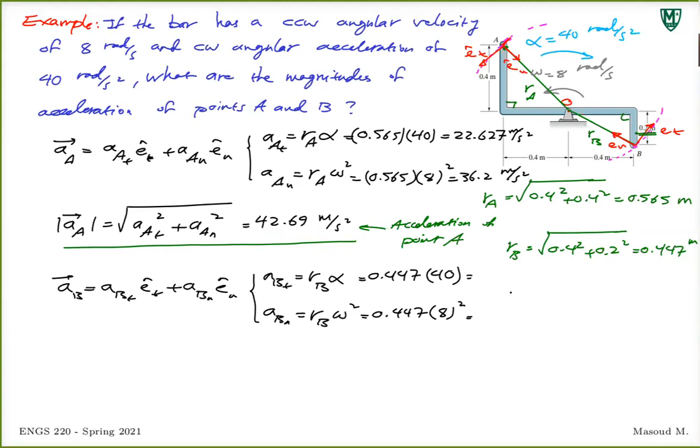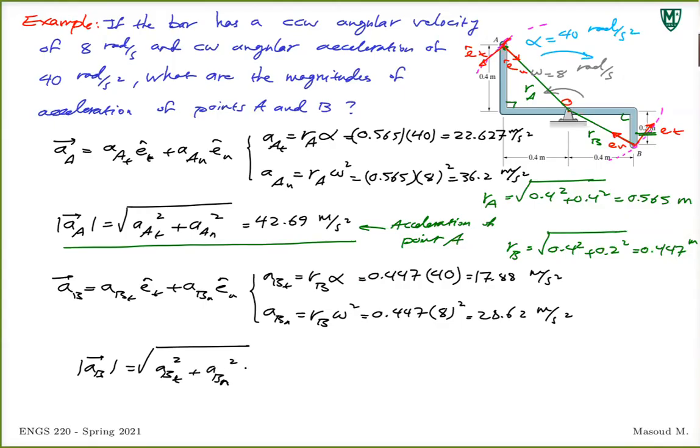You do the math there, and for the first one you'll get 17.88 meters per second squared. For the second one, you will get 28.62 meters per second squared. So for the magnitude of the acceleration, same story: the square root of AB tangent squared plus AB normal squared.